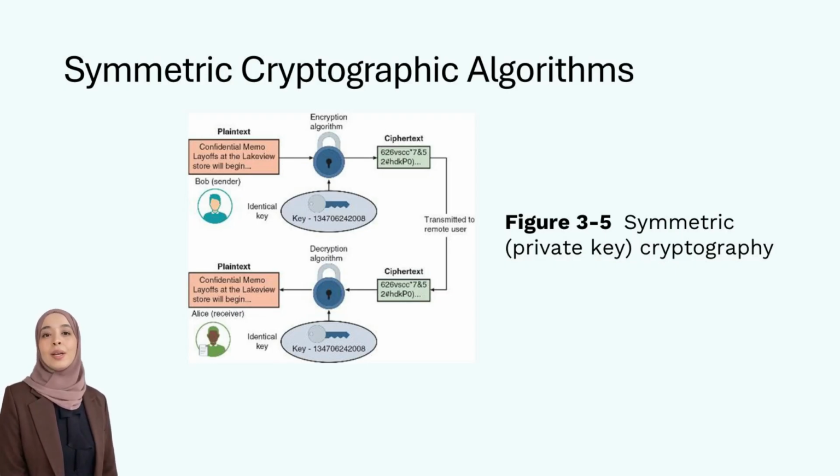Okay, so the key is shared here between Bob and Alice, and it must be kept secret to ensure the message stays secure. This is how symmetric cryptography ensures that only the intended, let's say, recipient can read the message.